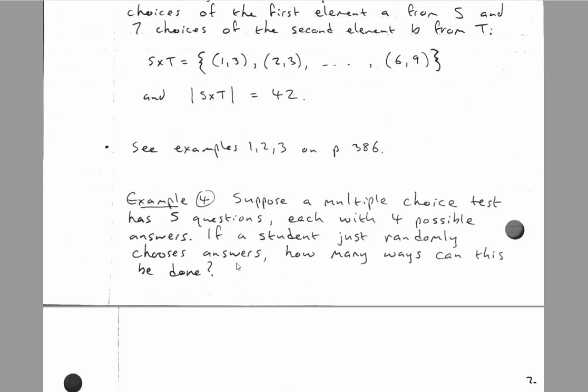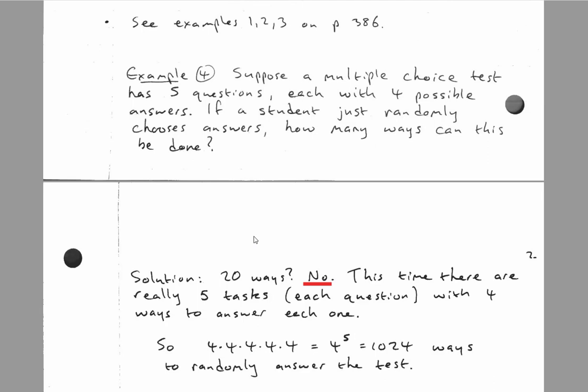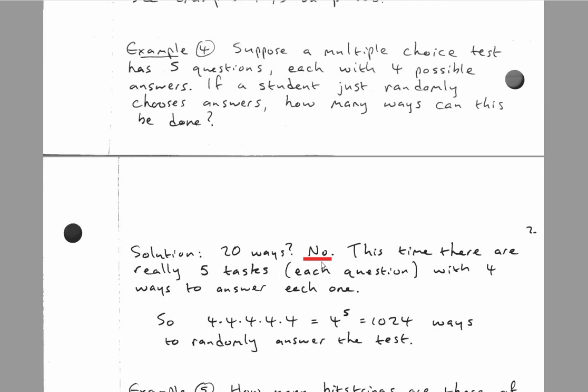Okay, so how many ways can you randomly fill in the answers to a 5-question multiple choice test like this? Can we just use the product rule? 20 ways? Nope.